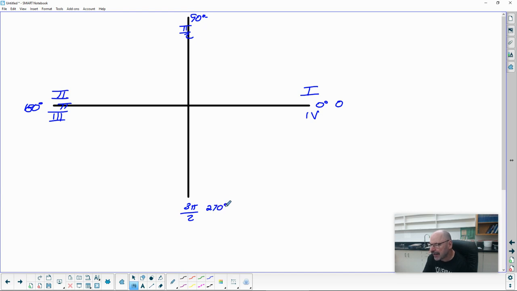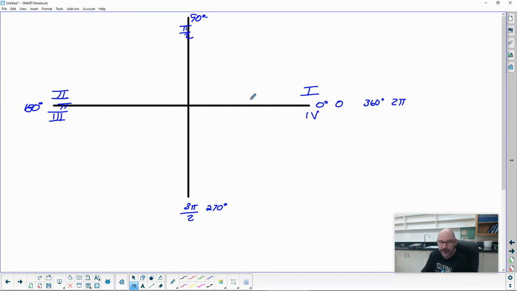And then as we get back to here, it would be 360 degrees, or 2 pi radians. So there are our measures as we go around. These are right along the quadrant lines. They're very key angle measurements.